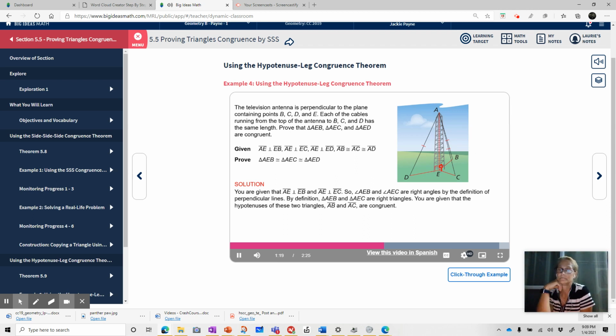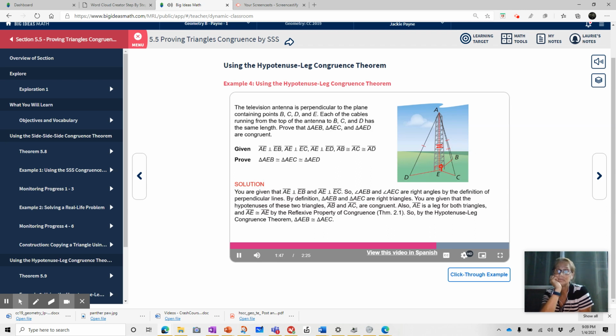You are given that the hypotenuses of these two triangles, segment AB and segment AC, are congruent. Also, segment AE is a leg for both triangles, and segment AE is congruent to segment AE by the reflexive property of congruence. So, by the hypotenuse leg congruence theorem, triangle AEB is congruent to triangle AEC.